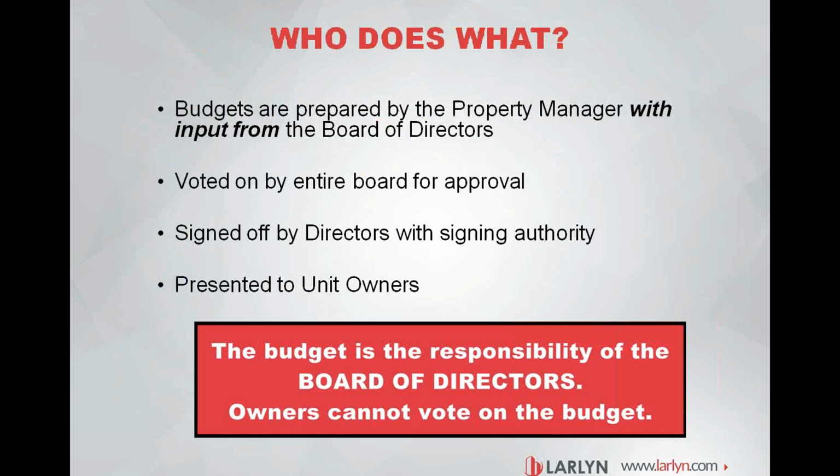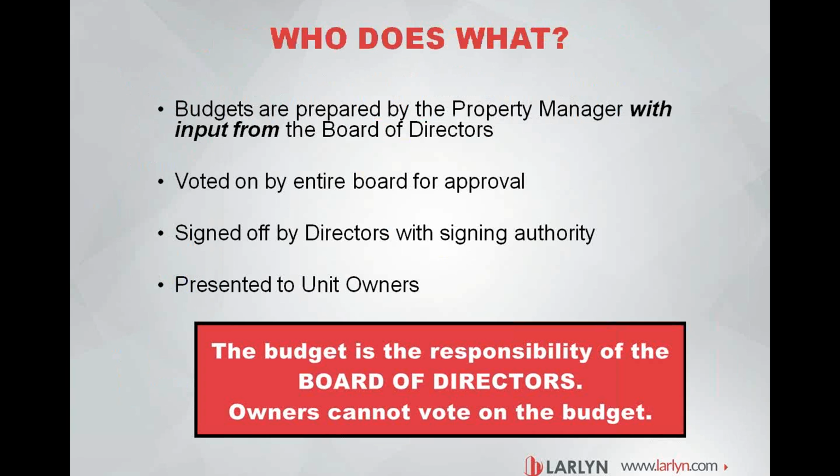This input would take form in past discussions at board meetings, certain wish list items, certain items that the board or owners in past annual general meetings have identified to want to have done throughout the corporation.